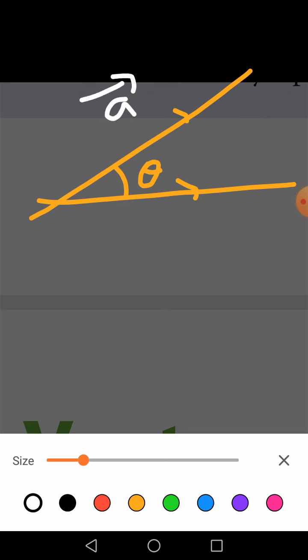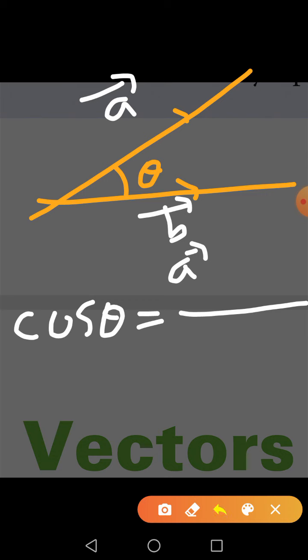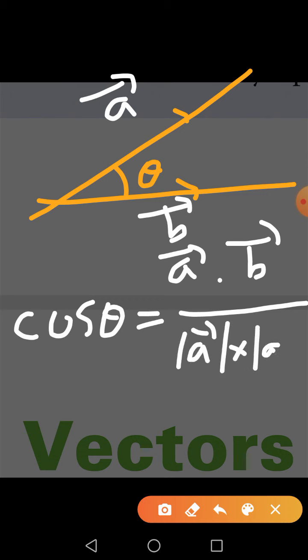This is vector A, this is vector B. The angle between them is given by cos theta, which is equal to the dot product of the vectors divided by the product of the moduli, the lengths of the vectors. From here you can easily find the value of theta.